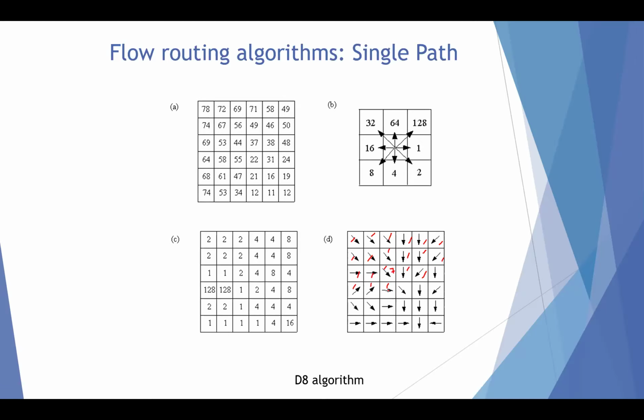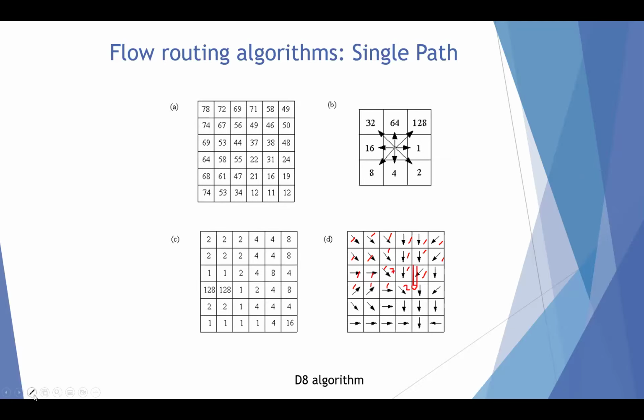So all these pixels are actually flowing here. Okay, so if you count this, so 4, 8, 12 plus 6, 18 plus 2, 20. So the flow accumulation value will be 20. Okay, right?